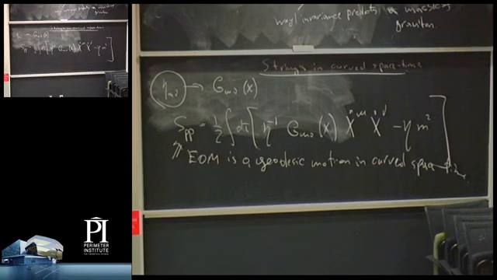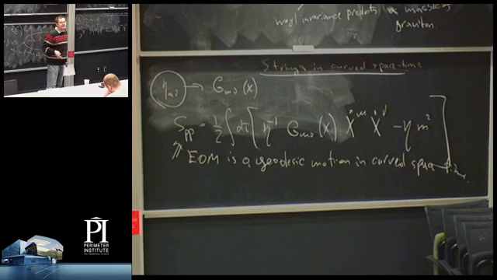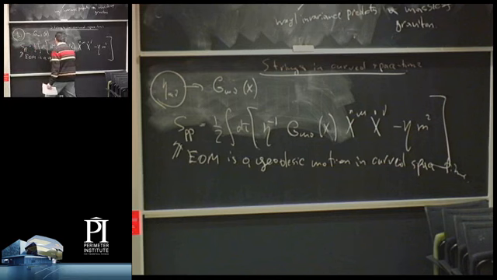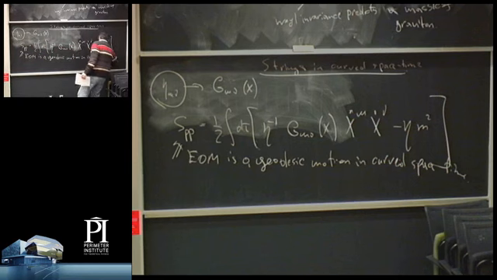So what I did, I simply replaced eta mu nu with g mu nu. We showed that when we have eta mu nu, that corresponds to geodesic motion in flat space-time. So here, when you solve the equation of motion, the EOM is geodesic motion in curved space-time.